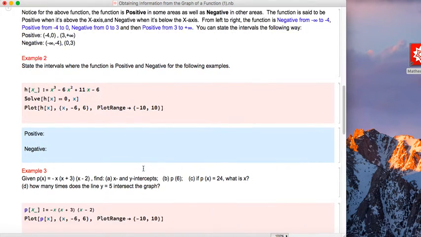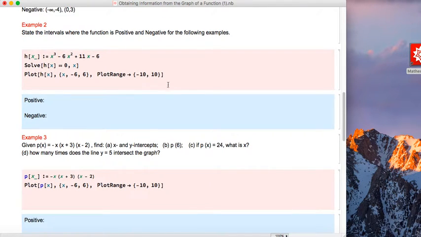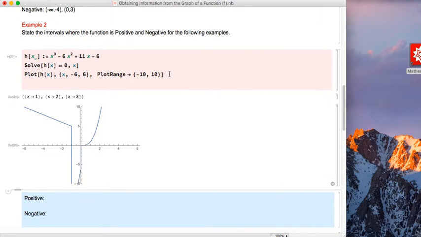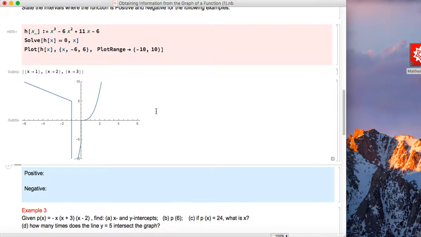So let's look at example 2. We want to state the intervals where the function is positive or negative. Execute the graph first. Here we cannot precisely say how the graph changes at the bottom, so maybe we can change the plot range to a larger range.